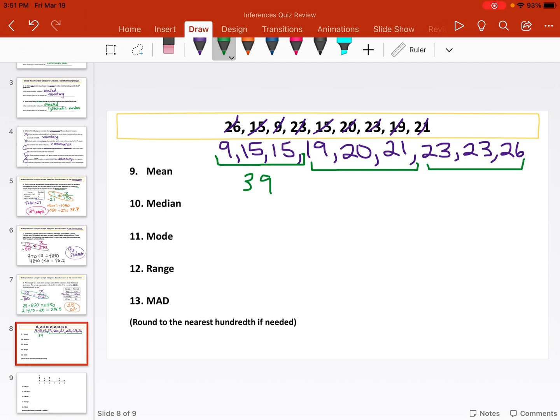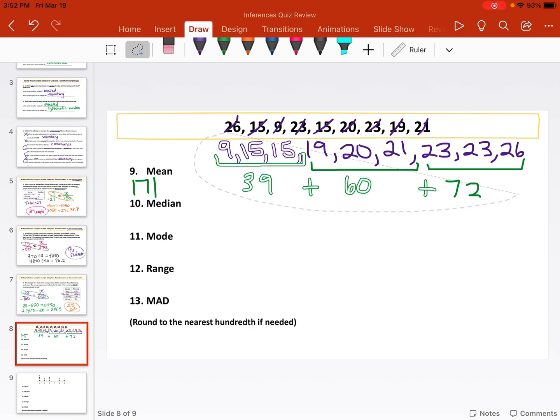Now 19 plus 20 plus 21, that's 60, and then 23 plus 23 plus 26, which is 72, and then I'm just going to add those three numbers up. That's going to make it so much easier for me. So 72 plus 60 plus 39, I'm getting 171.